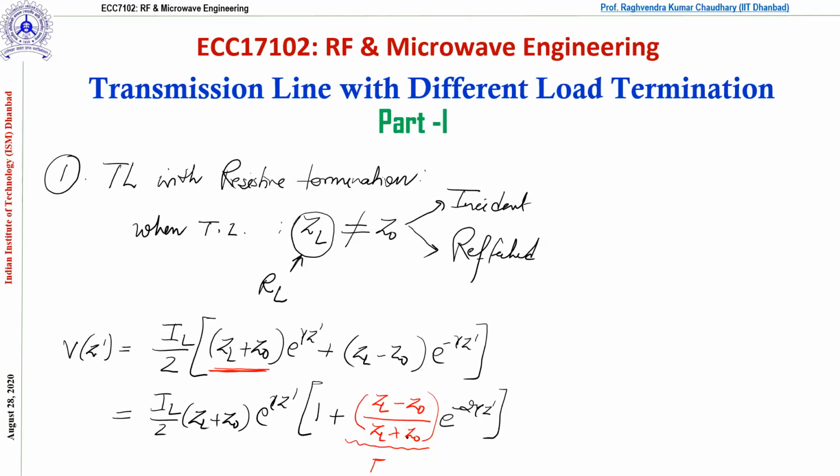Now this gamma is better to write like that: mod of gamma e to the power j theta, representing the complex number like this, correct? So usually we are habituated to representing this complex number like this, correct? Now once you have these things, what you can do?